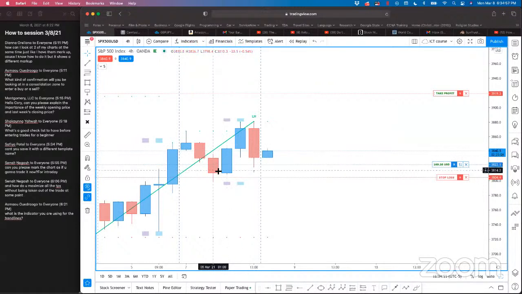I do that because if you think about it, most of the money is moved between these 3 candles right here. Don't get me wrong, there are moves that happen outside of those time frames, but the majority of the time, the money is moved between these 3 candles.